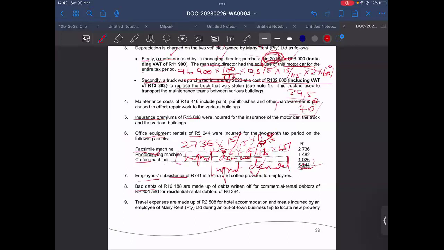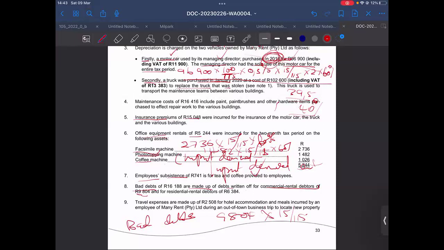Bad debts of 16,000 are made up of debts written off for commercial rental debtors, 9,804. On the 9,804 we are going to claim input VAT at 15 over 115. Why? Because we paid the output when the rentals accrued to us, so we claim input.